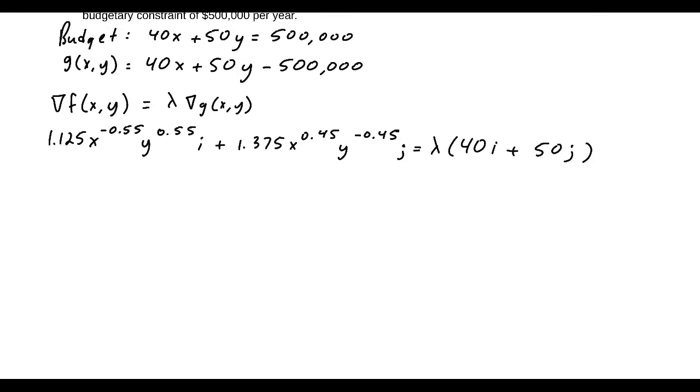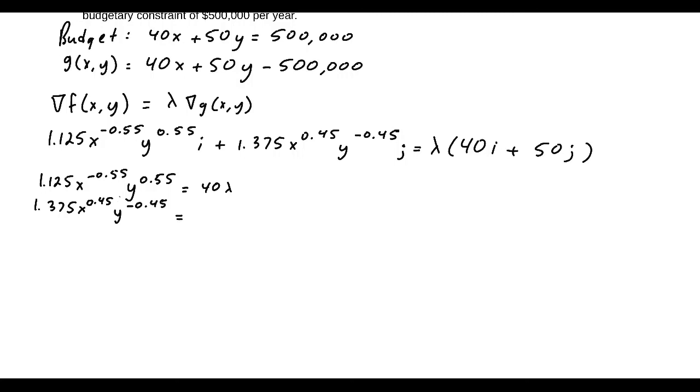So if we set these coefficients equal to each other, we have 1.125 x to the negative 0.55 exponent y to the 0.55 equal to 40 lambda, and 1.375 x to the 0.45 exponent y to the negative 0.45 exponent is equal to 50 lambda.